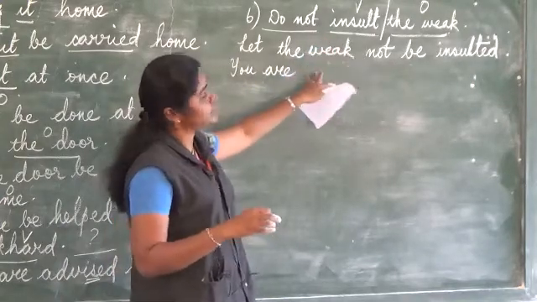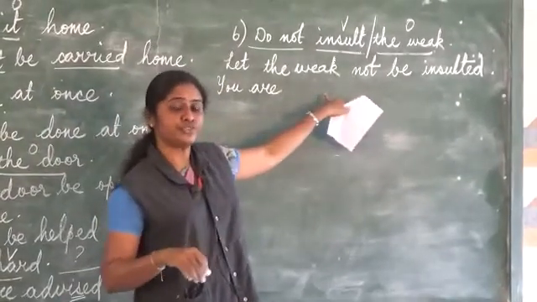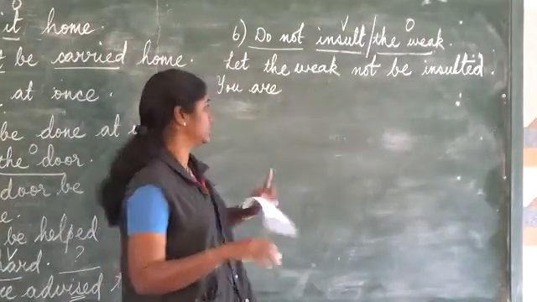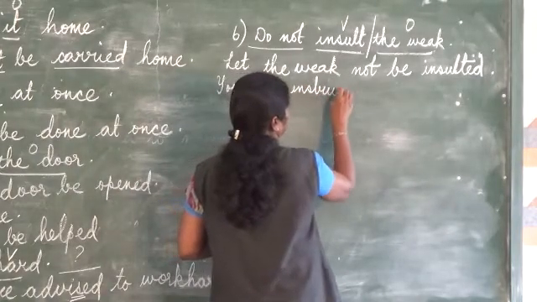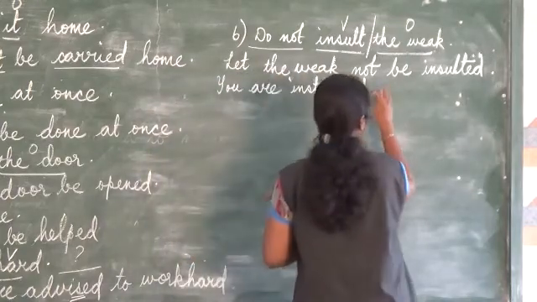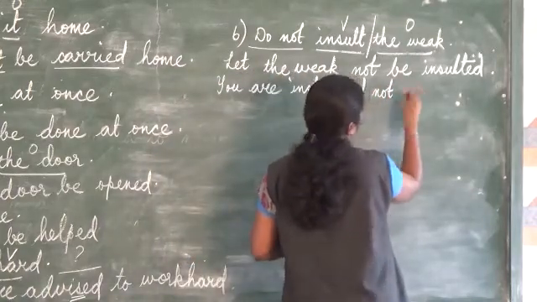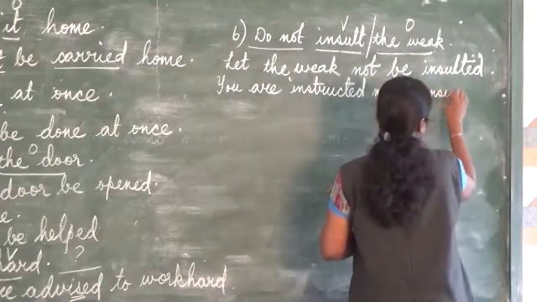If you take it as an instruction, you can write "you are instructed". If you take it as an advice, you can write again "you are advised". Now immediately after this you have to use the negative word "not": not to insult the weak. Is it clear?